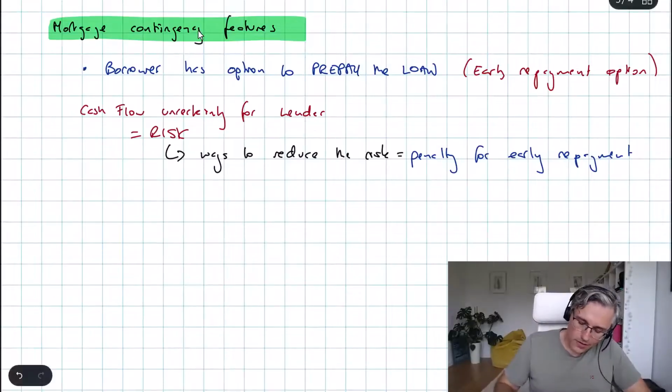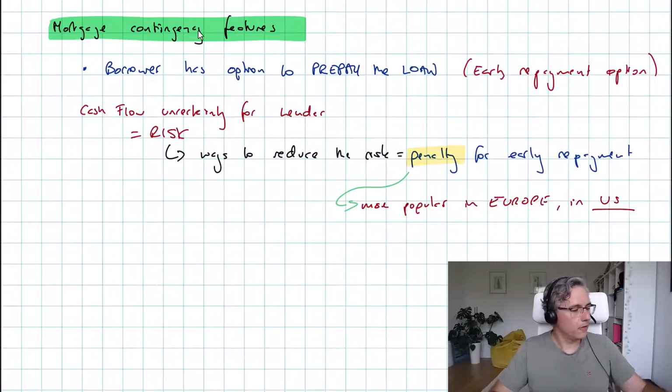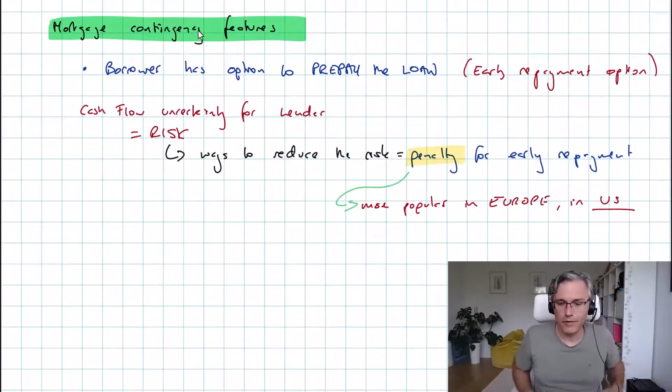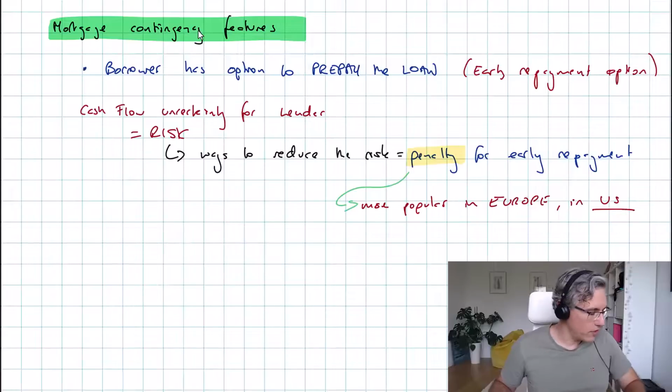Such penalties are definitely more popular in Europe than they are in the US. And where I come from, for example, in Poland, they used to be very popular, prepayment penalties. Nowadays, lots of banks are offering loans without the prepayment penalty option, so things are changing as well.